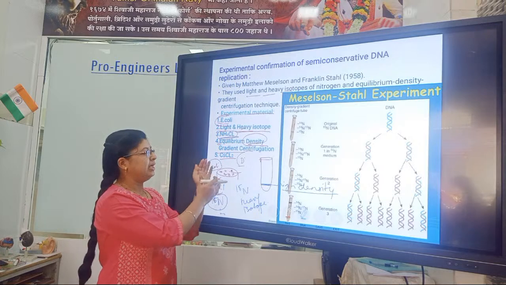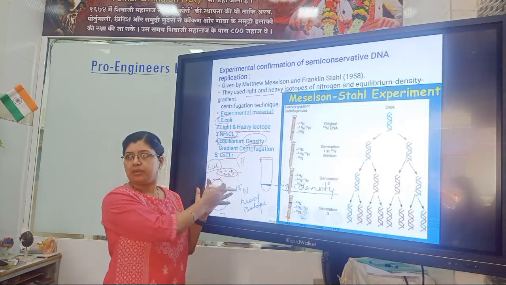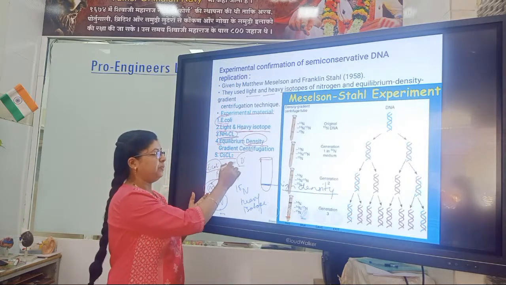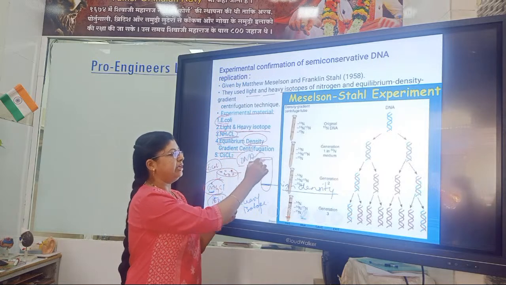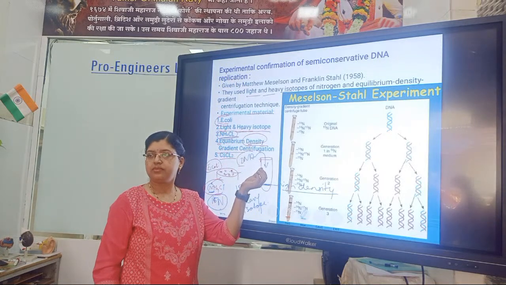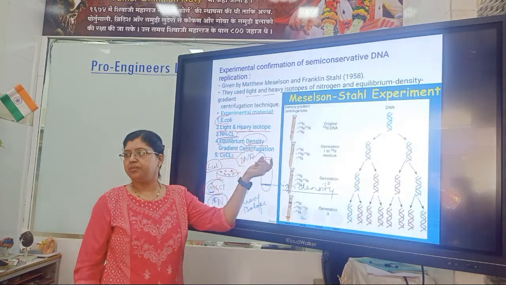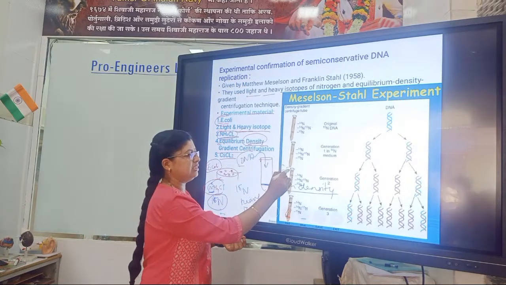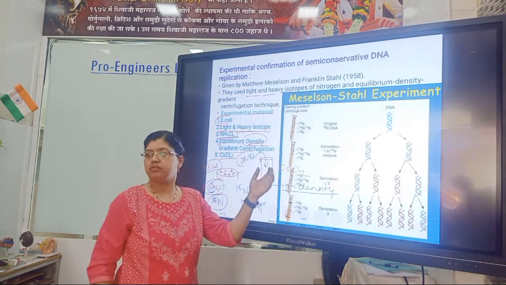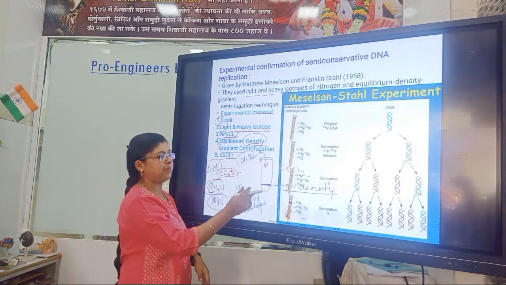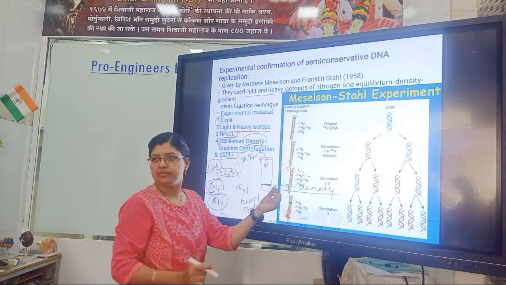Okay, the DNA is taken out from the petri dish and added into the test tube containing the density gradient medium, that is CsCl2. After centrifugation, what happens? A band occurs.